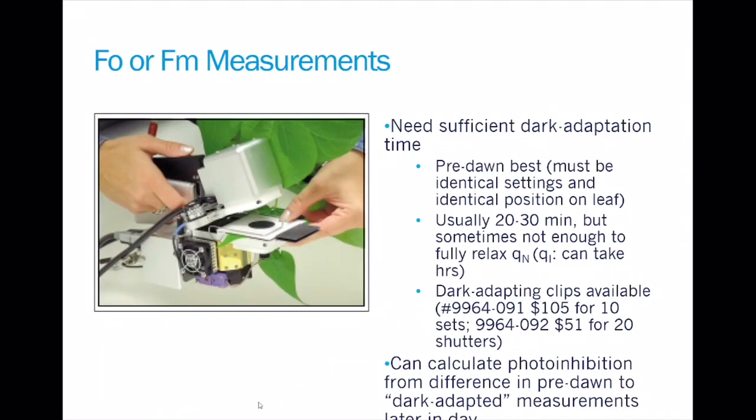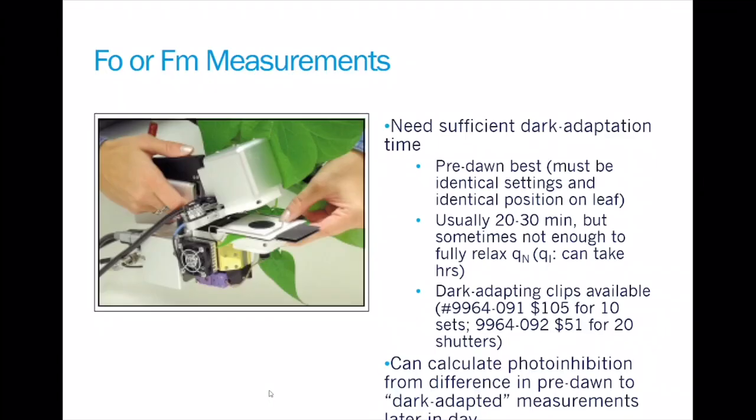If you need to do dark adapted measurements, it's always best to do these pre-dawn, where you've allowed a full night of relaxation. If that's not possible or practical, we do offer dark adapting clips. These are paper with metal springs, and these shutters pull out to reveal the leaf when you're ready to take measurements.